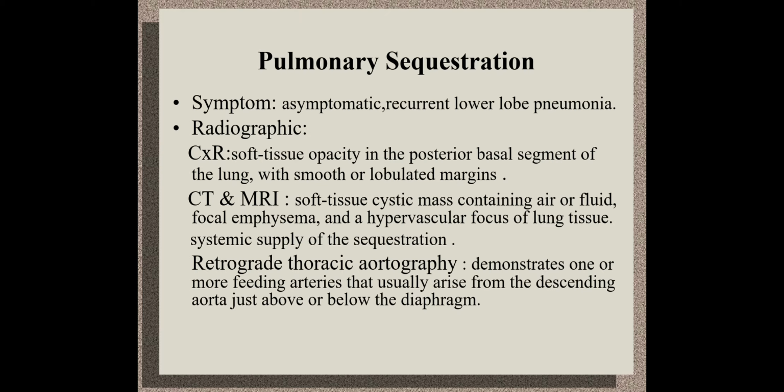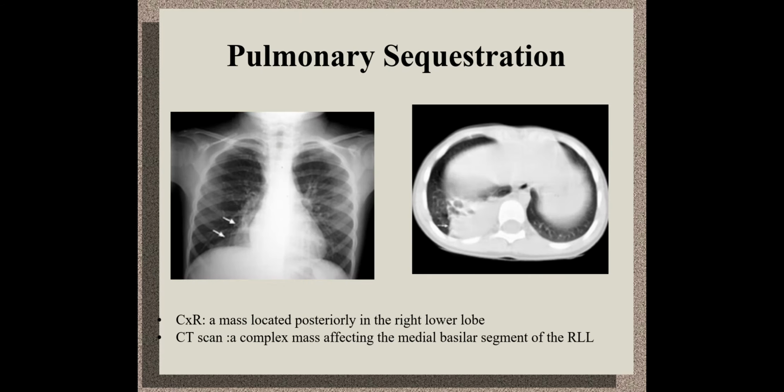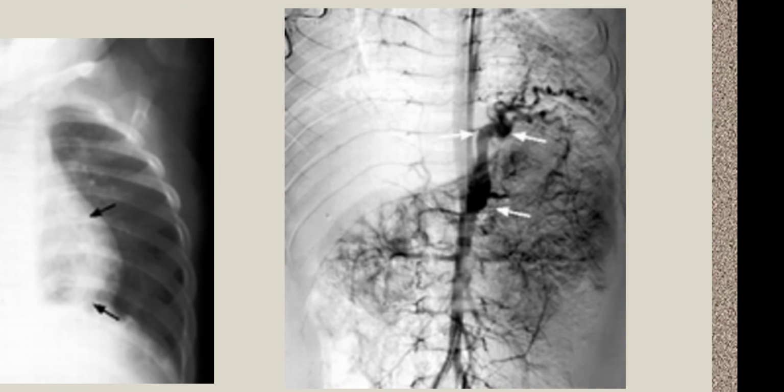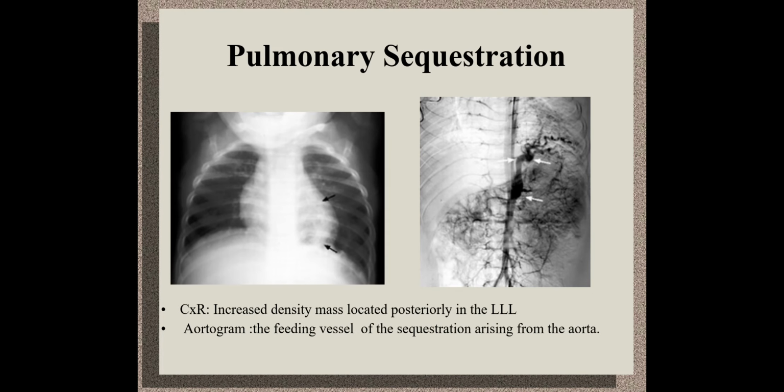Retrograde thoracic aortography is sometimes done to demonstrate its blood supply. This is an example of pulmonary sequestration. Here you see the blood supply coming from the aorta.